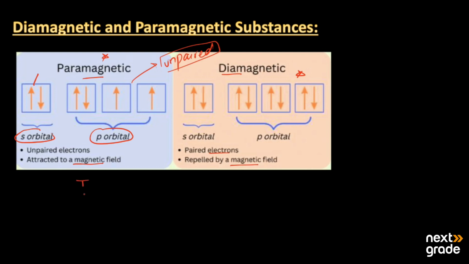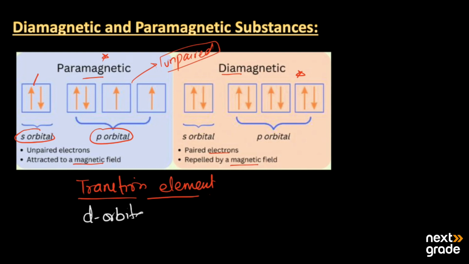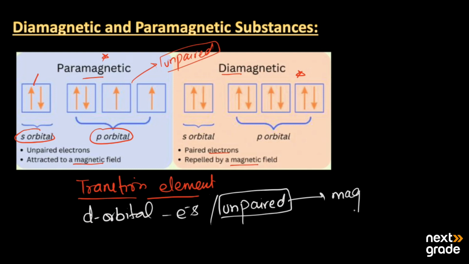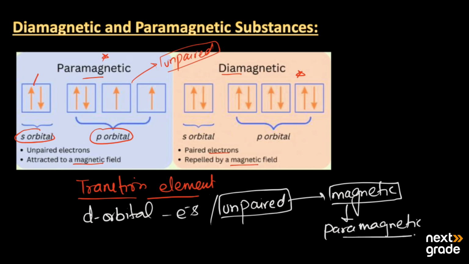Likewise, here we are going to discuss the paramagnetic behavior of transition elements, as the transition elements possess d orbital electrons, and these electrons are also unpaired. When unpaired electrons are present in the valence shell of an atom, it will be attracted towards the magnetic field, and this is called the paramagnetic behavior of that substance.